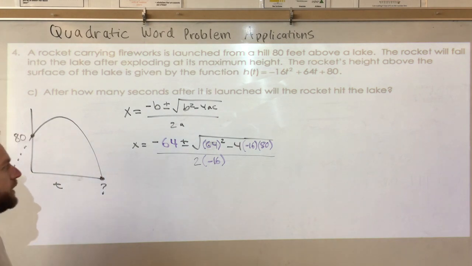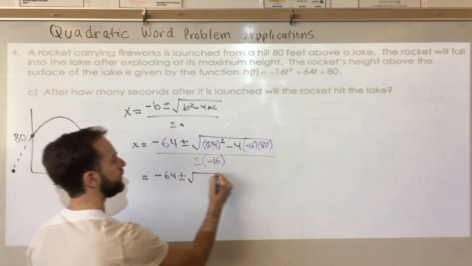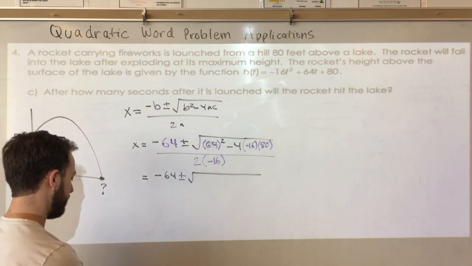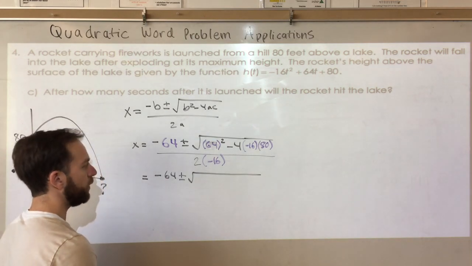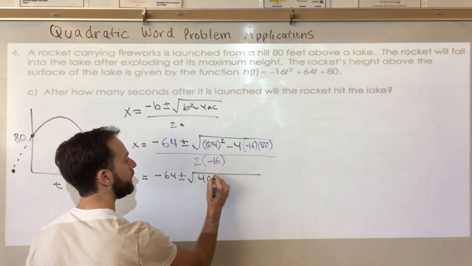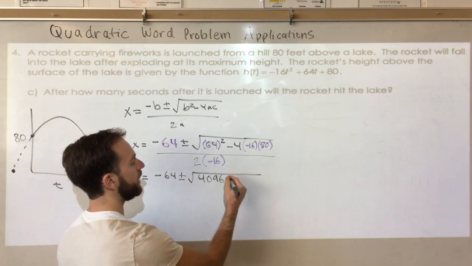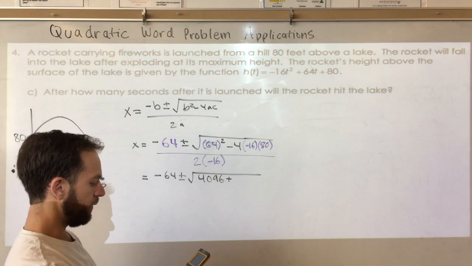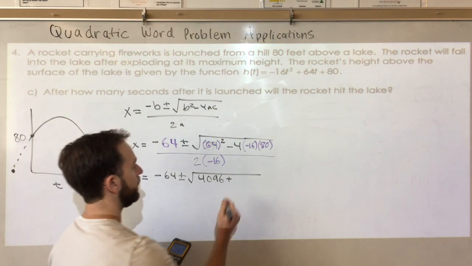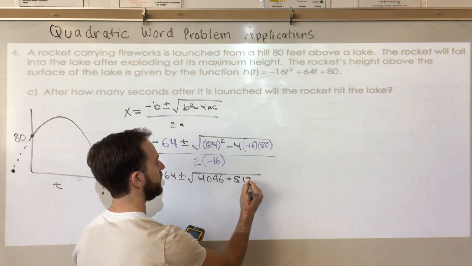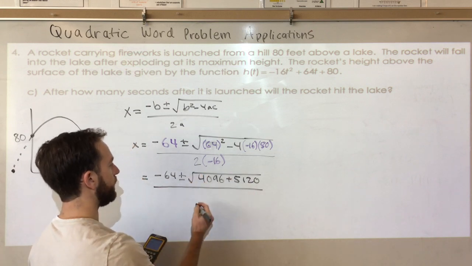Okay, so let's simplify this. b squared, that's 64 squared, which is 4,096, minus, we've got a negative times a negative, so that'll actually make it a positive, 4 times 16 times 80, 5,120, all over 2a.